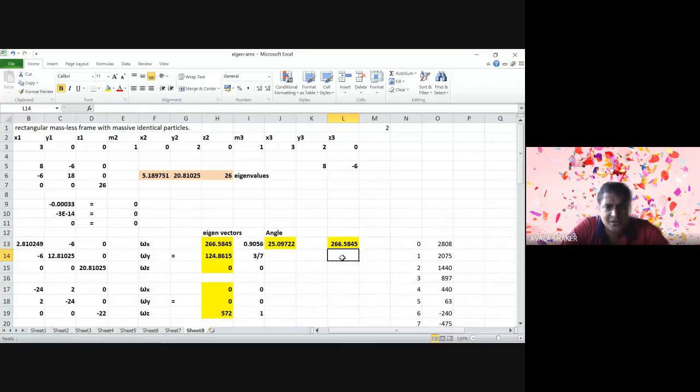Now for the next element, the determinant is not allowed, so I am taking these two equations, the second and third one. So it will be -6, that is this cell, into this, minus.